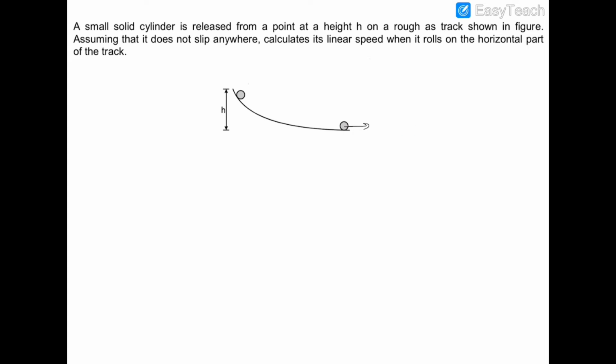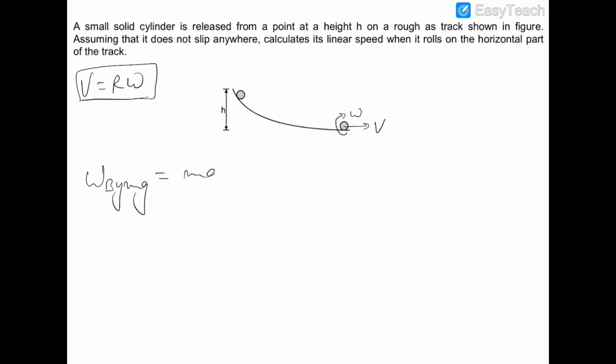Now let's suppose that the linear velocity of the cylinder is v, and obviously it is given that the cylinder is always in pure rolling. So v would be equal to r omega if r is the radius of the cylinder. So the work done by mg on the cylinder is mgh, and this work done is being utilized in the kinetic energy of the cylinder.